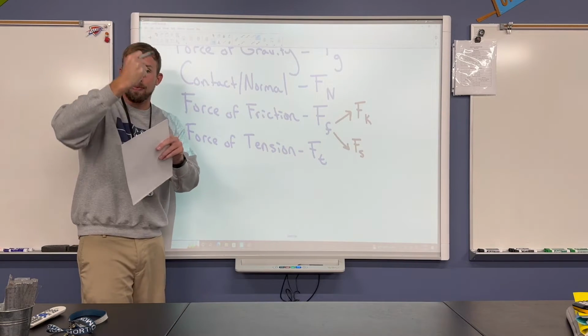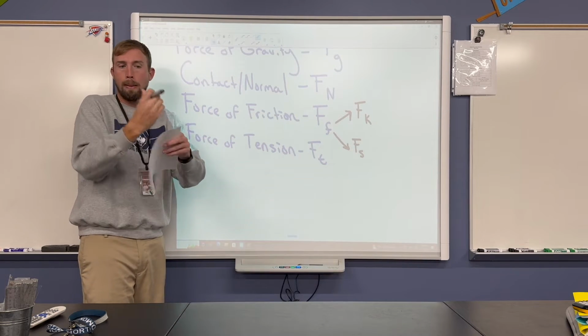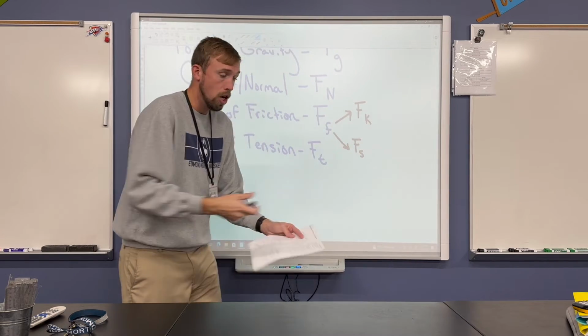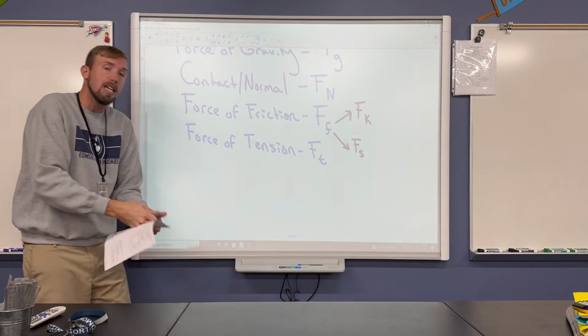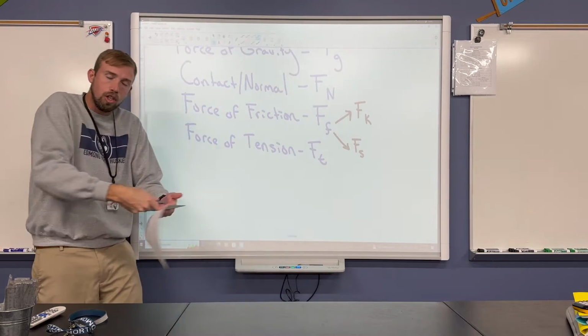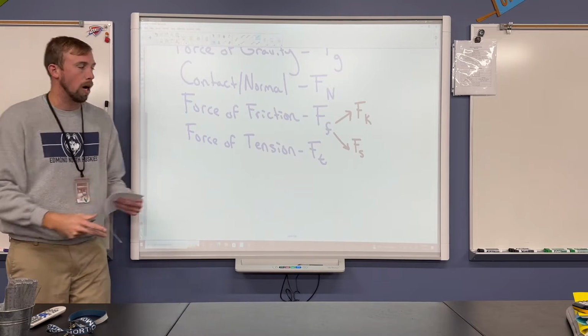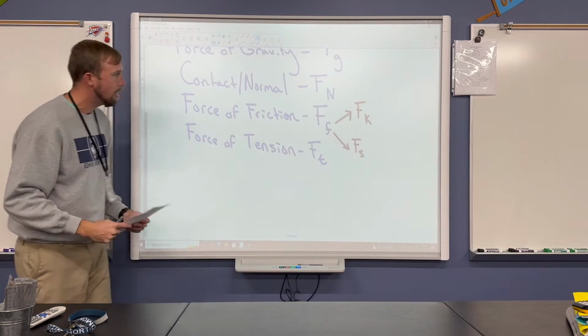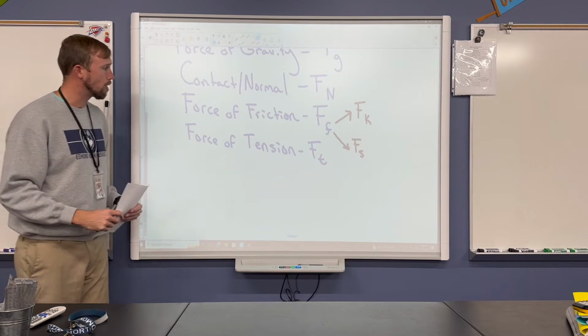Maybe your classic example is a sled. You might pull on a rope to pull the sled. Well, that rope would represent a tension force. You're pulling on a rope, causing tension, and then that rope helps you pull the object. That will show up a lot more as we expand our study with forces.